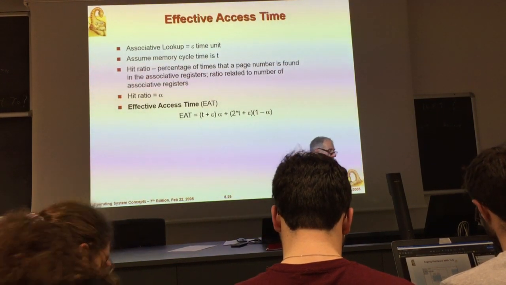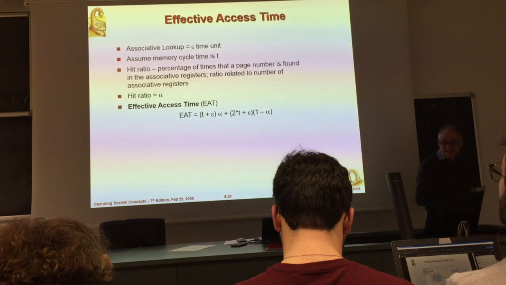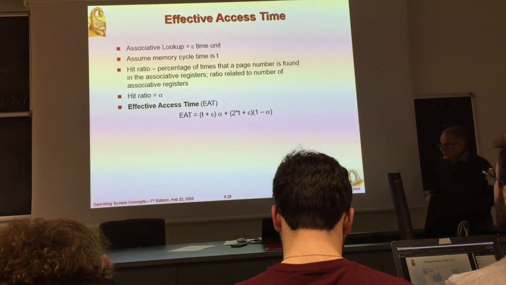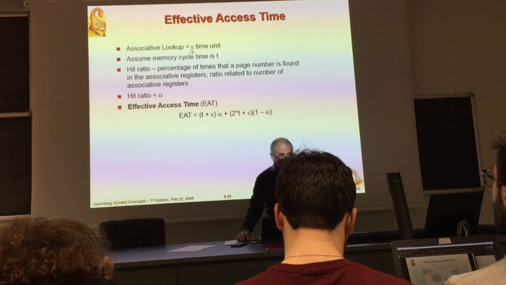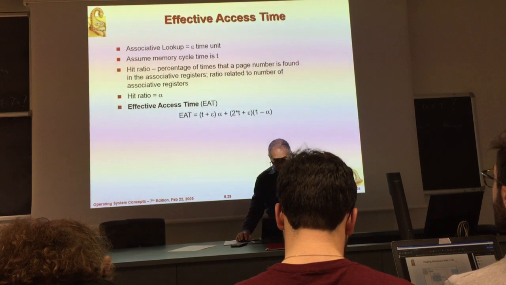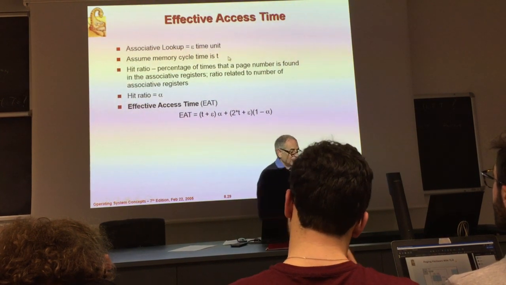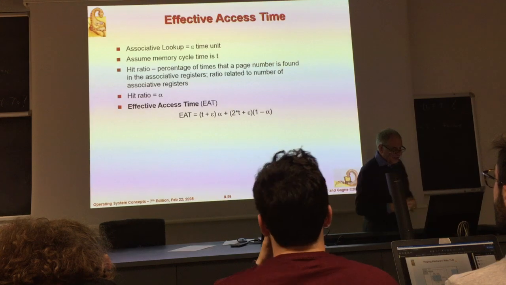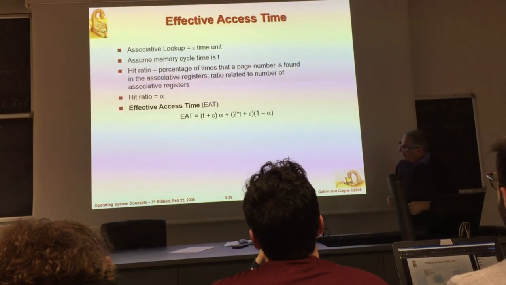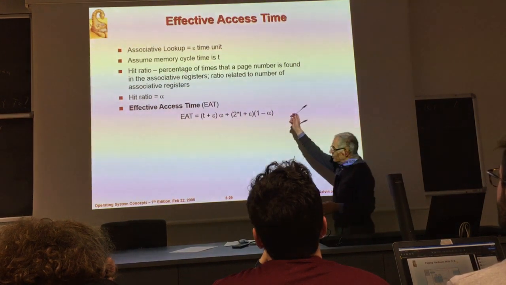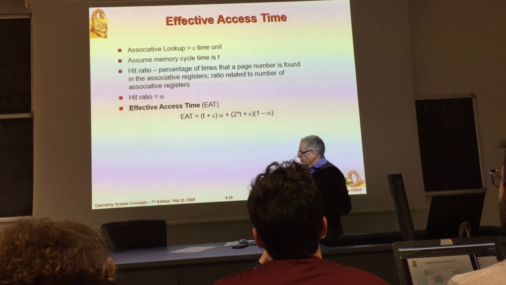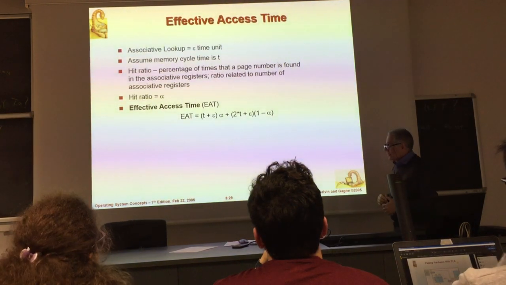Okay, we can compute the effective access time. If you consider that you have this time epsilon for the TLB and T for memory access, we can fix a hit ratio alpha, a probability of success of a hit.